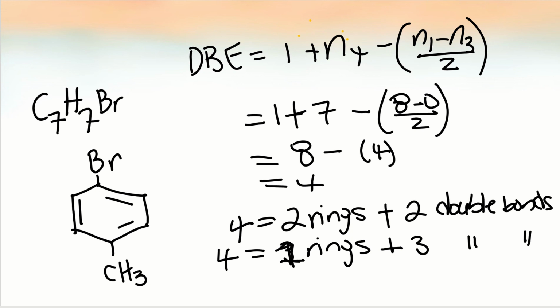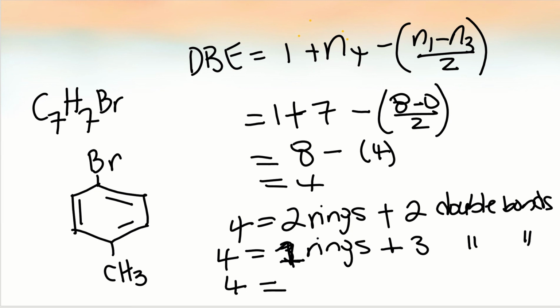Right? So 4 could also mean 4 double bonds, or it could mean 4 rings, right? So the number that we get, the number of double bond equivalents, means either rings or double bonds. It could have a mixture of both, but at the end of the day, that number should be equal to 4.